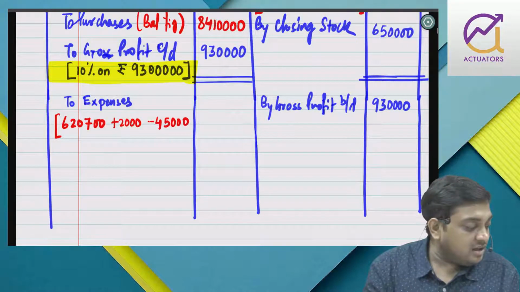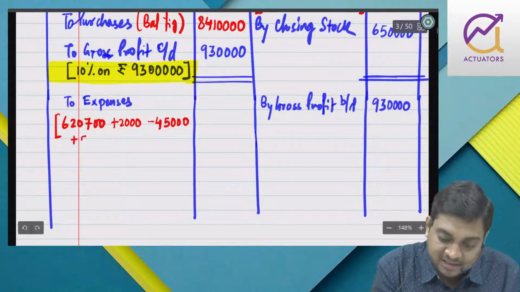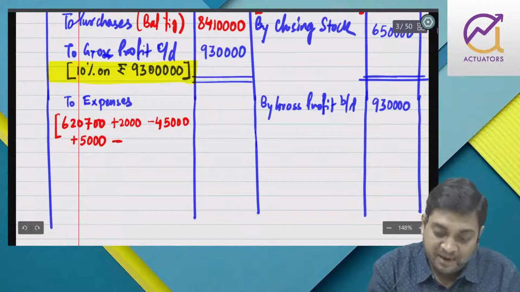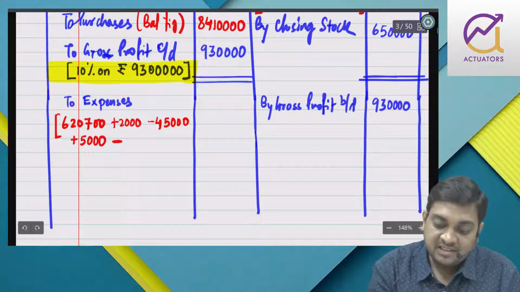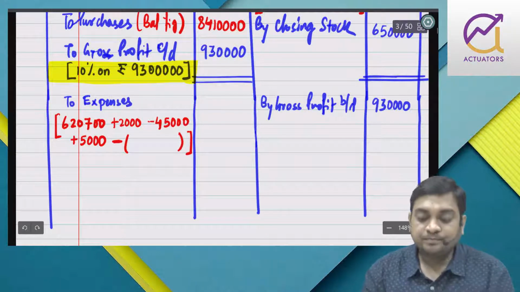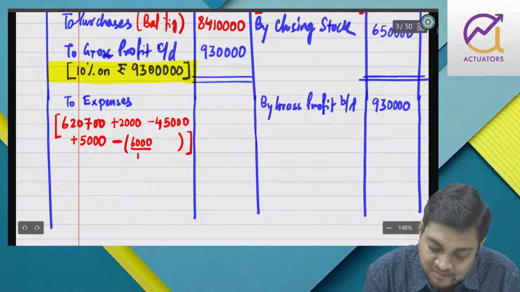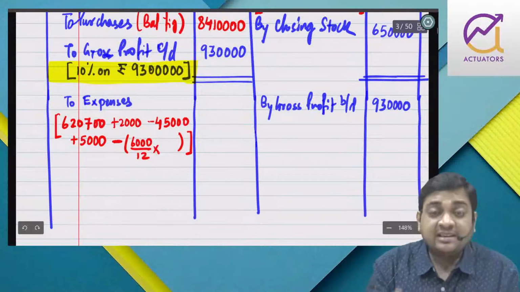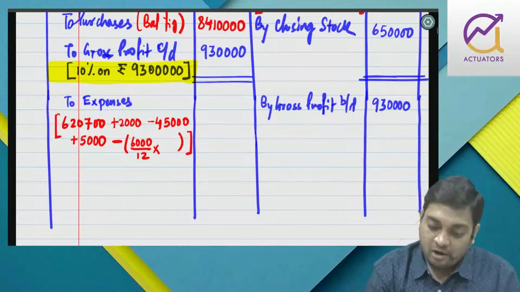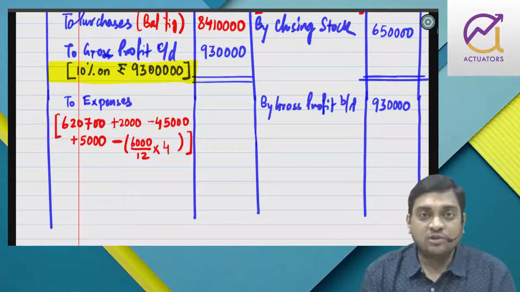Then we have closing outstanding, that is related to this year, and closing prepaid, it is related to next year. Now how to get this closing prepaid? 6,000 is annual and it relates to next year July. So April, May, June, July. Out of this 4 months is prepaid. So it will come 2,000 only.